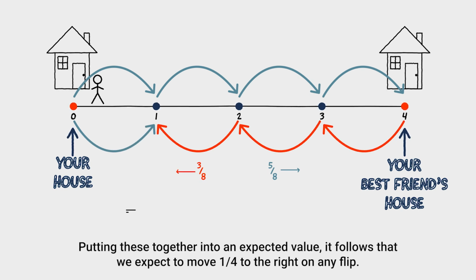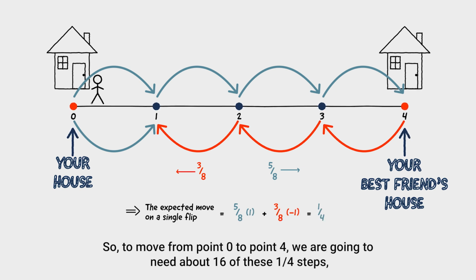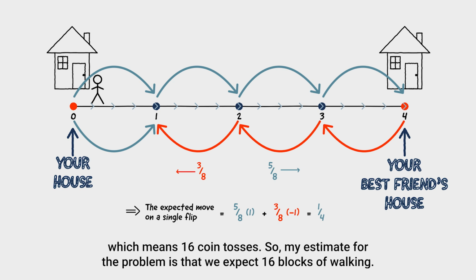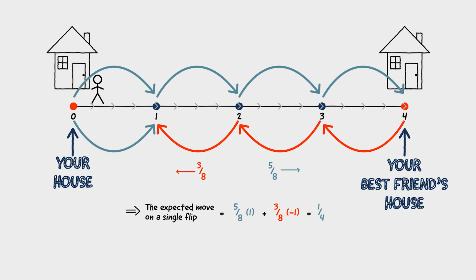Putting these together into an expected value, it follows that we expect to move 1/4 to the right on any flip. So, to move from point 0 to point 4, we're going to need about 16 of these 1/4 steps, which means 16 coin tosses. So, my estimate for the problem is that we expect 16 blocks of walking.